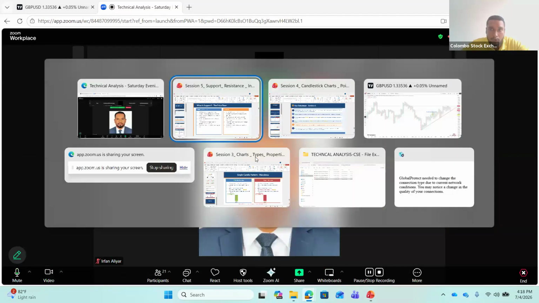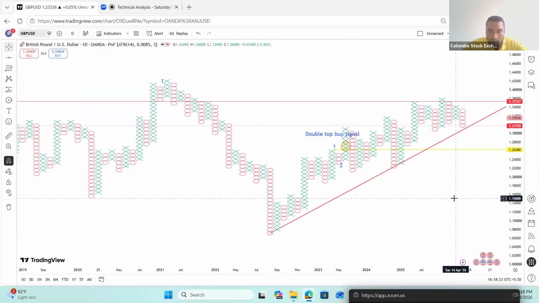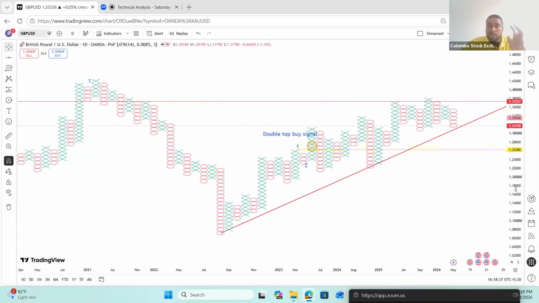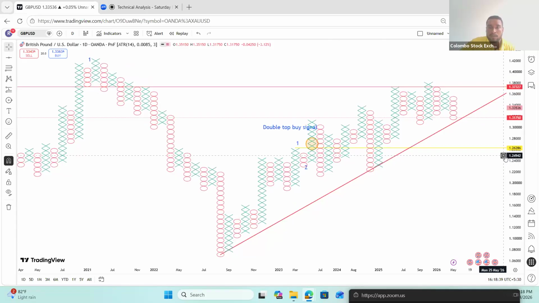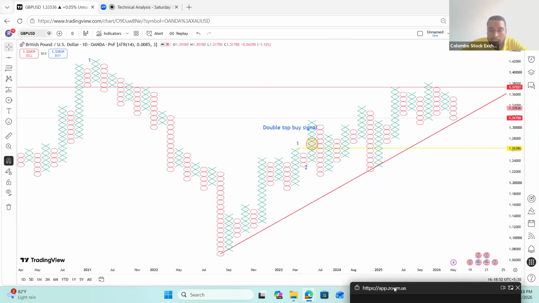Anyway, the box size is different from instrument to instrument, but I don't know how that is calculated. Actually, we don't need to focus on how the box range is calculated. We need to focus on the trend lines and the breakout signals we can get from the point and figure charts.